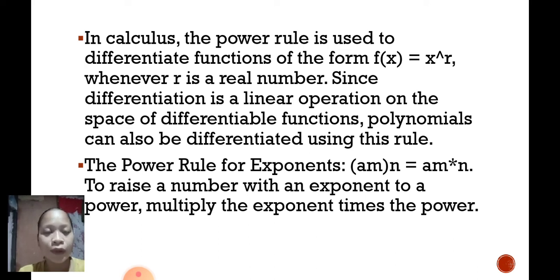Polynomials can also be differentiated using this rule. The power rule for exponents, a^m to the n, is equal to a^(m times n). To raise a number with an exponent to a power, multiply the exponent times the power.